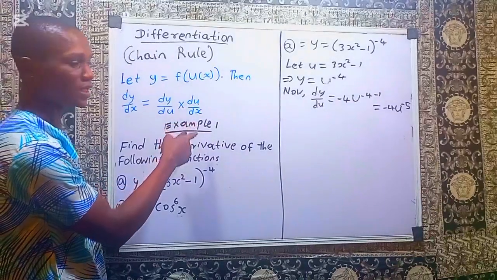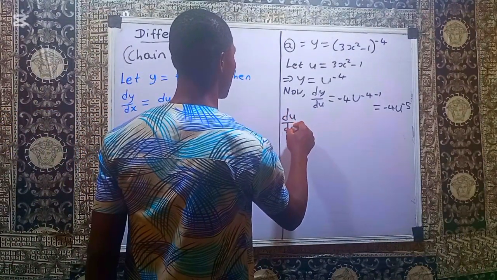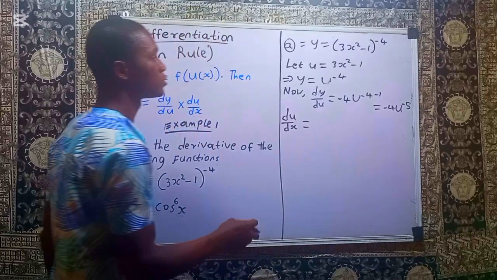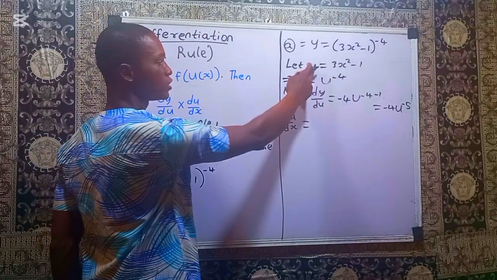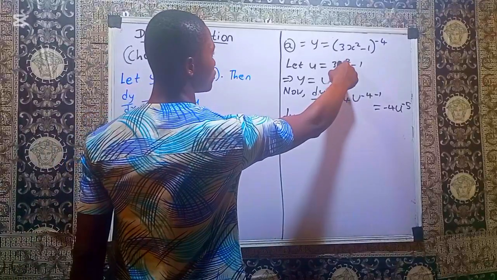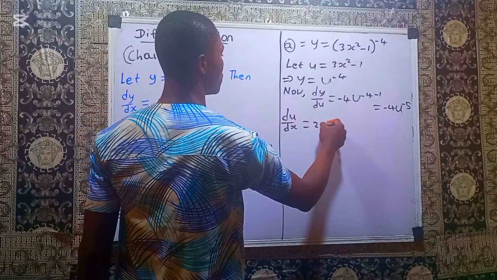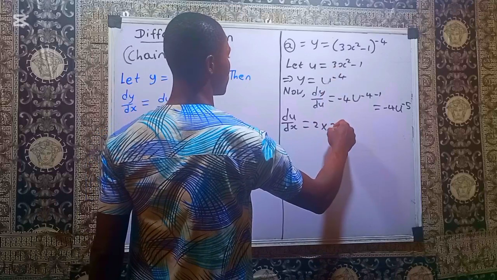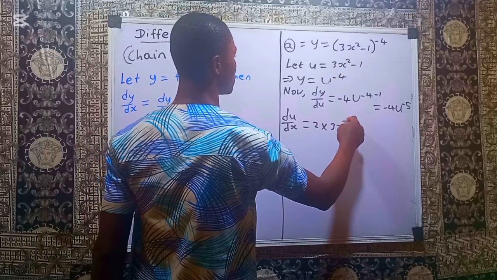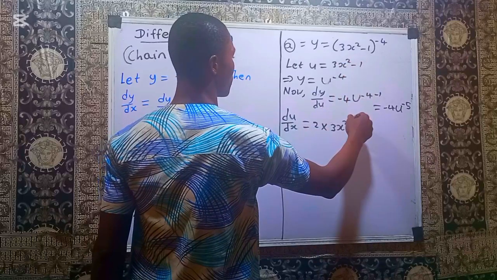Next we evaluate du/dx. We differentiate u with respect to x. Using the power formula, the index of x here is 2. You use it to multiply what you have, 3x raised to power 2, and then you subtract 1 from the power.